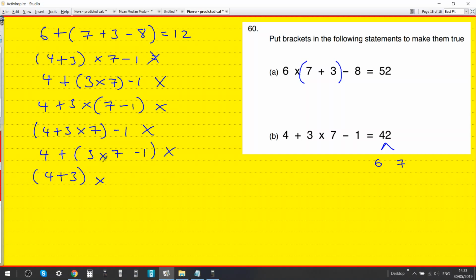So how about 4, brackets for plus 3, minus 1, close brackets. I thought you couldn't move the numbers around. So you can make 6 with the 7 minus 1. 7 minus 1.